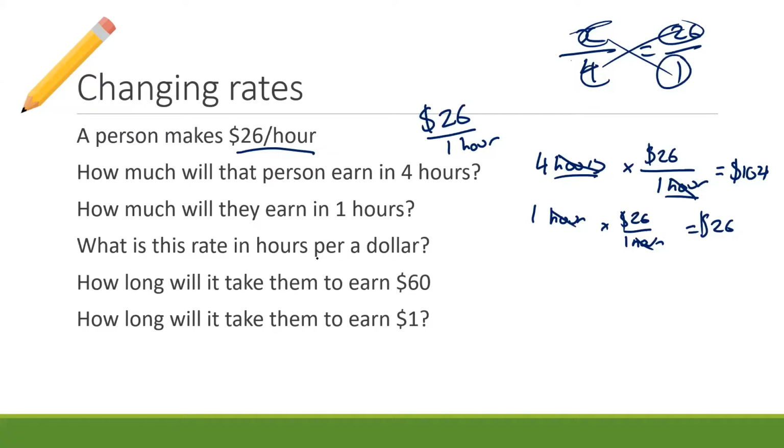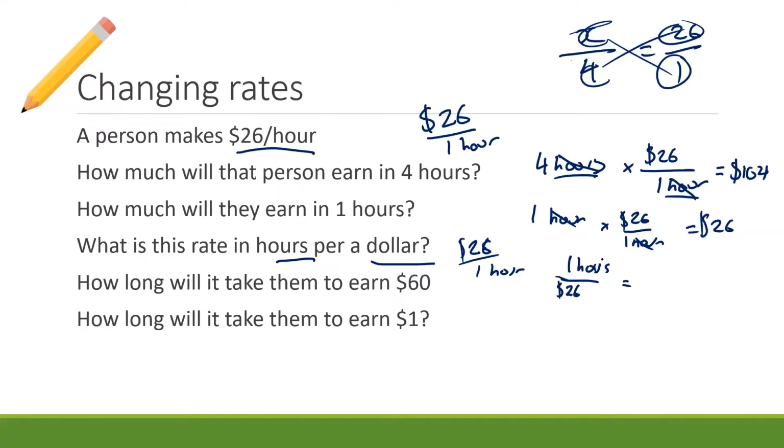What is this rate in hours per dollar? Okay, so hours per dollar is similar to dollars per hour. What we're doing is we're saying, well, if I'm making $26 for 1 hour, let's say if I have 1 hour, how many $26 can go into that hour?